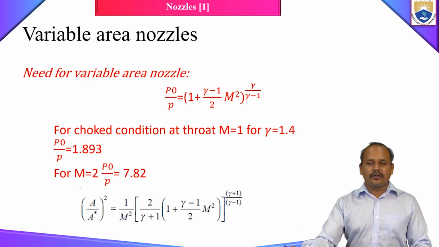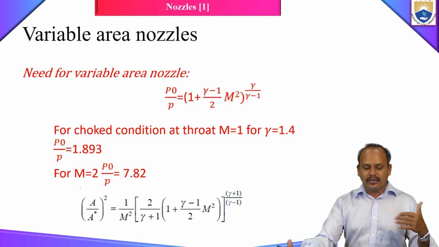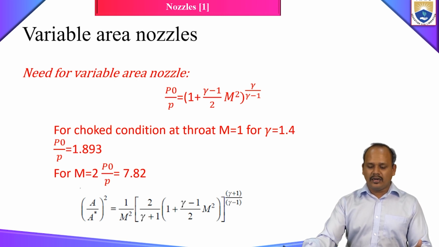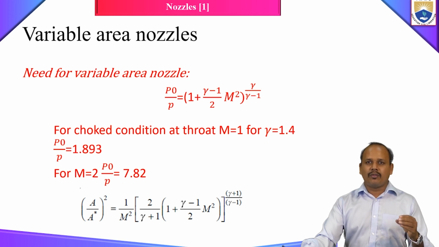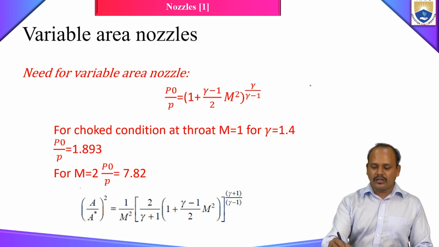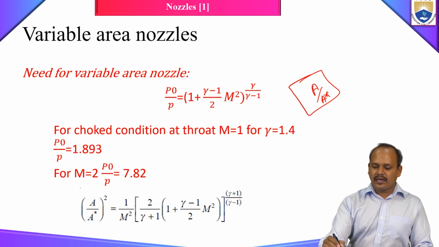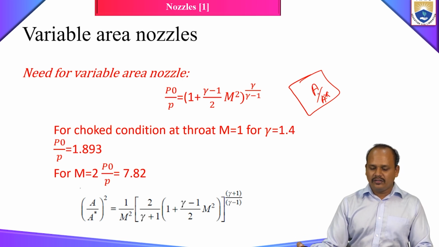Next, we are going to see first what is this variable area nozzle and what is the need for this variable area nozzle. Variable area nozzle means, as the name suggests, a nozzle which is capable of varying its area ratio, that is, you can change the A by A star. Why do we have to change this?